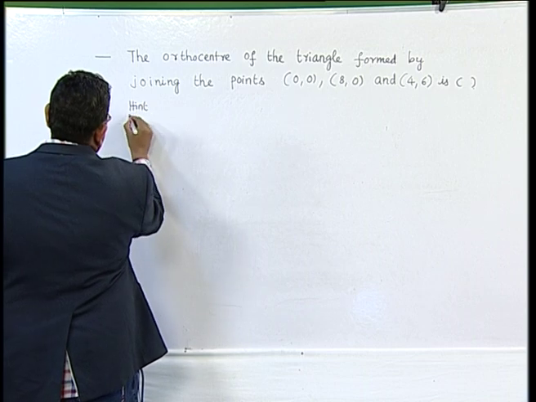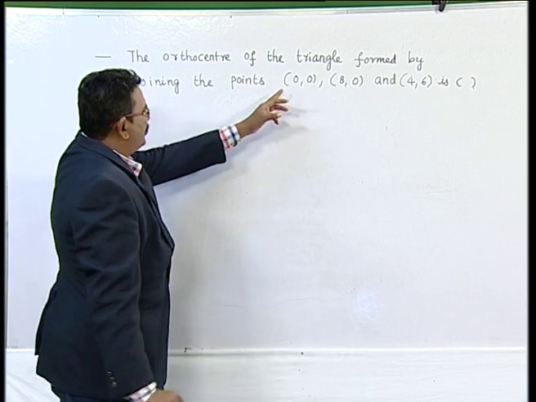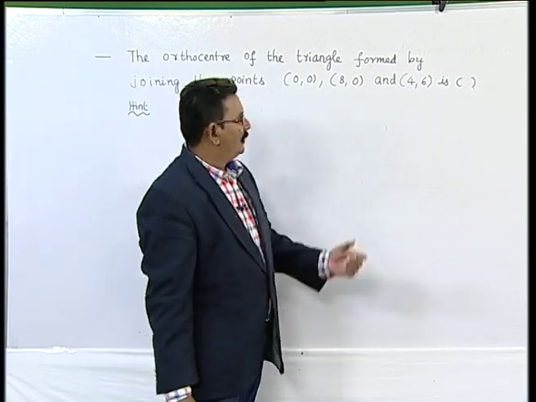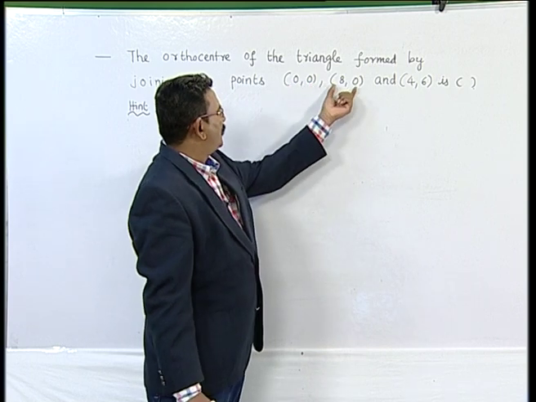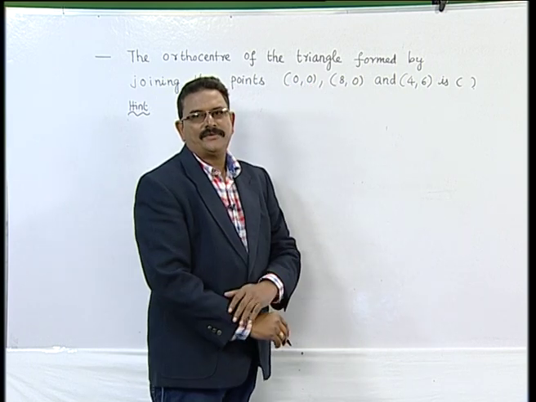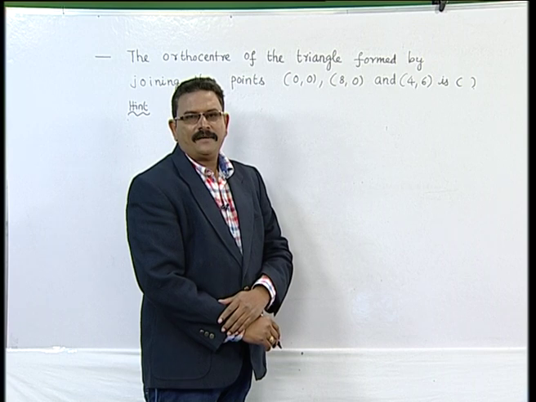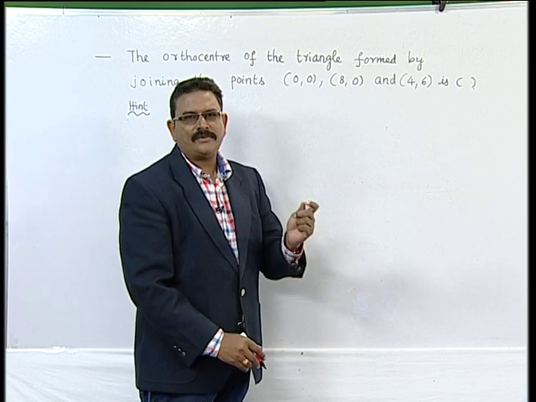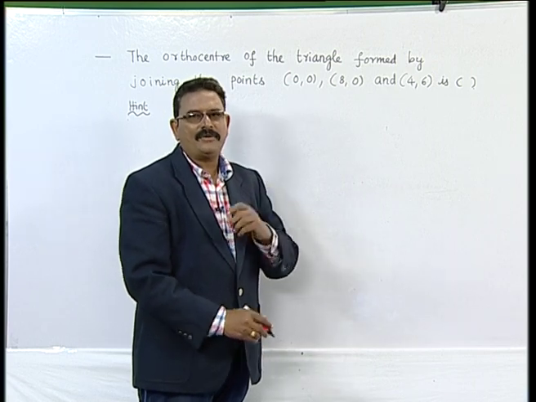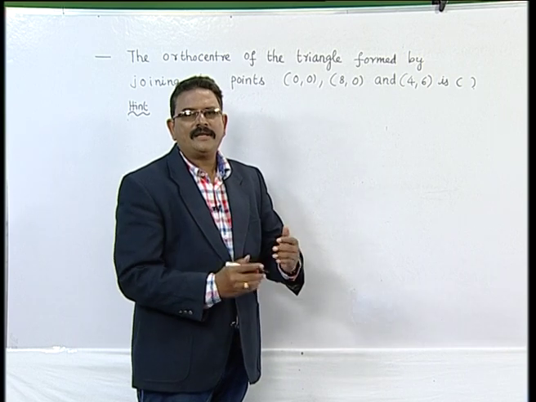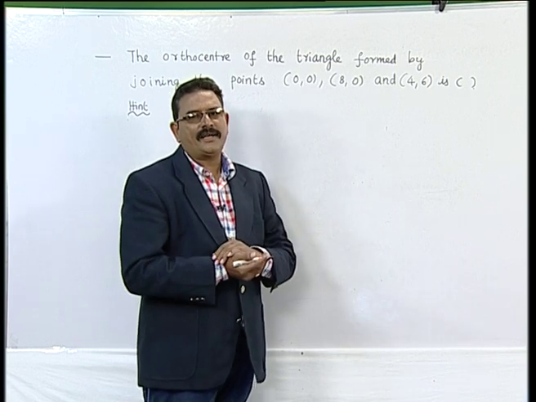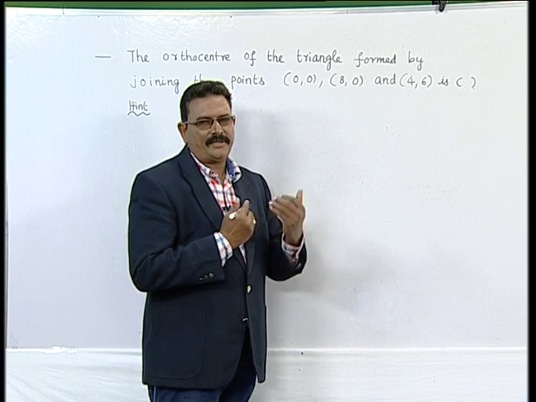Here, this is in the form of (0, 0), (x1, y1) and (x2, y2). If the given vertices are (0, 0), (x1, y1) and (x2, y2), easily we can find the orthocenter of the triangle formed by the given 3 points.